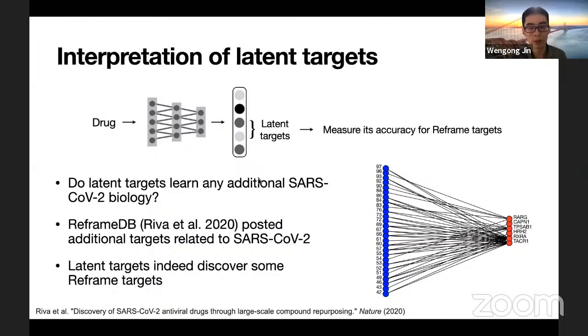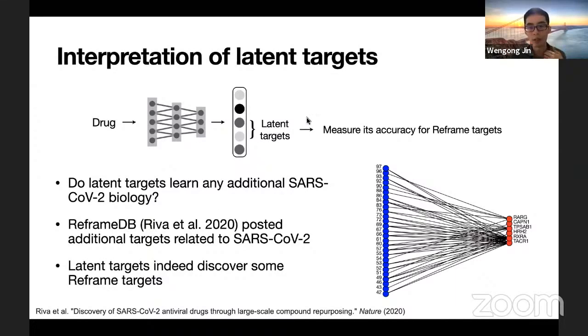We found from this Riva et al.'s paper that they actually identified around 50 different biological targets that they think are related to SARS-CoV-2. So what we did is for each of the latent targets, we tried to see whether it is predictive of the drug target interaction for each of the biological targets identified by this ReframeDB paper.